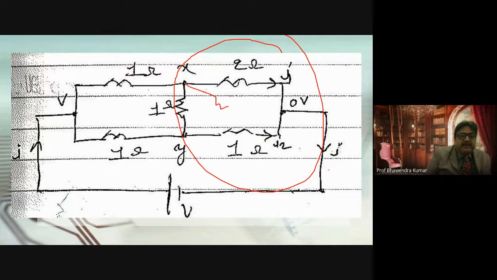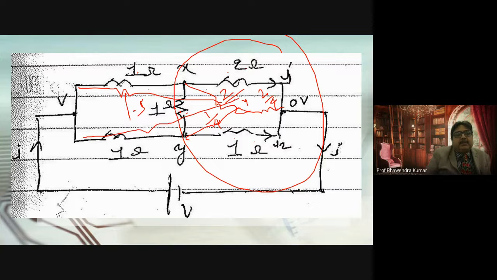If I start from point X, I will multiply 2 and 1. That is 2 divided by 4. When I start from here, 1 into 1, that is 1 divided by 4. When I go from here, it will be 1 into 2, that is 2 by 4. 1 and 1 by 2, that will be 1.5. So this resistance will be 1.5.